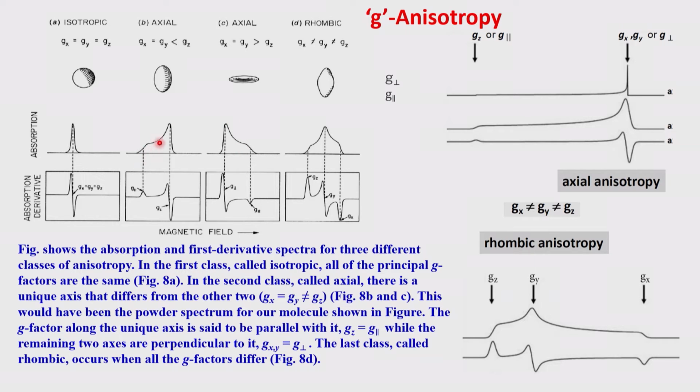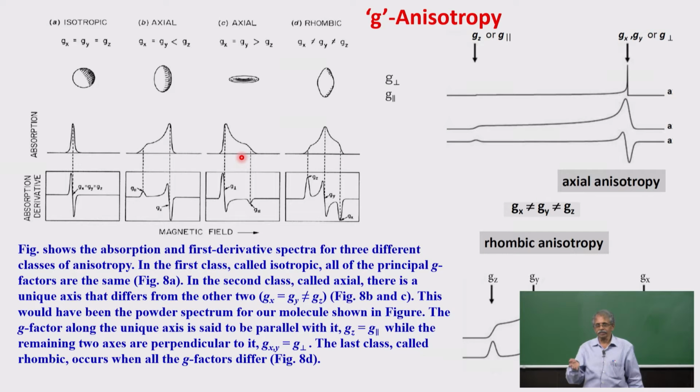So you have the lower G coming here, the upper G here, and that is G parallel, and this is the G perpendicular. Here this is the G perpendicular and this is the G parallel, which you refer with respect to the magnetic field, perpendicular to the magnetic field and parallel to the magnetic field. So it is the orientation of your molecular system with respect to that, which you refer to.